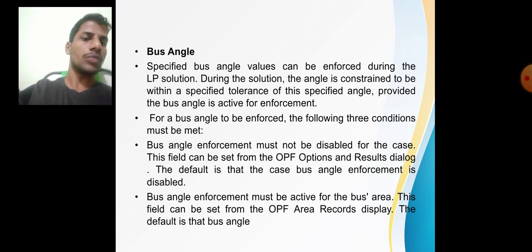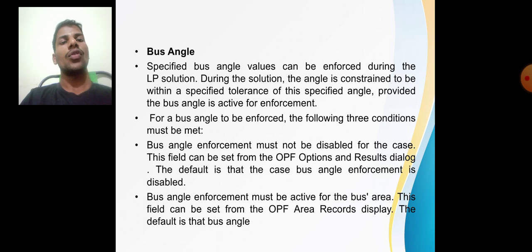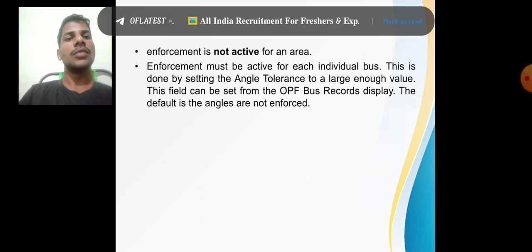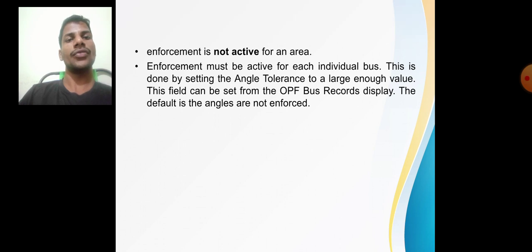Bus angle enforcement must be active for the bus area. This field can be set from the OPF area record display. By default, bus angle enforcement is not active for an area. Enforcement must be active for each individual bus. This is done by setting the angle tolerance to a large enough value. This can be set by the OPF bus record display. By default, the angle is not enforced.